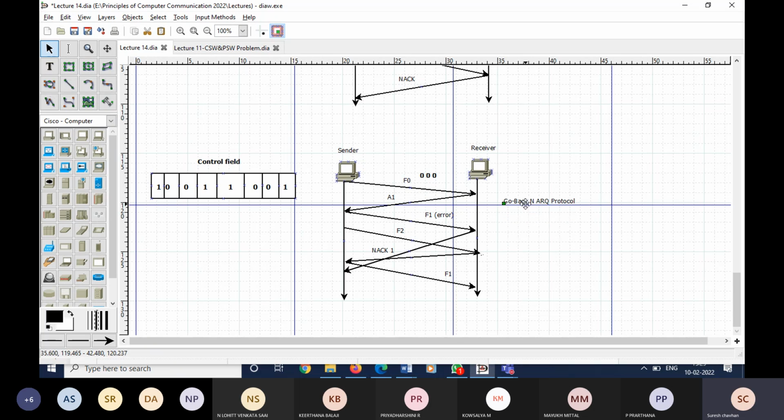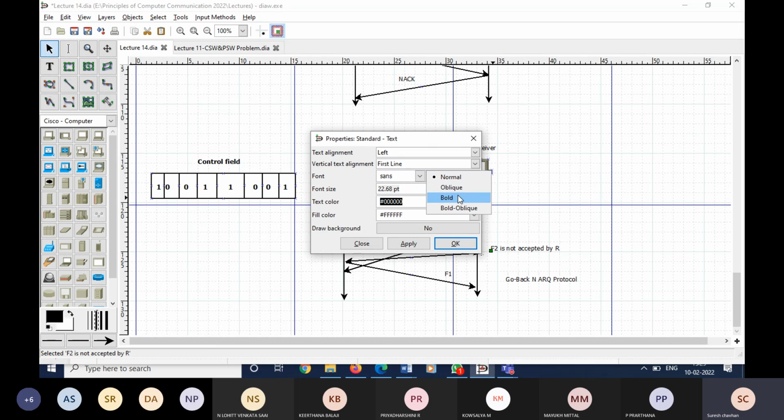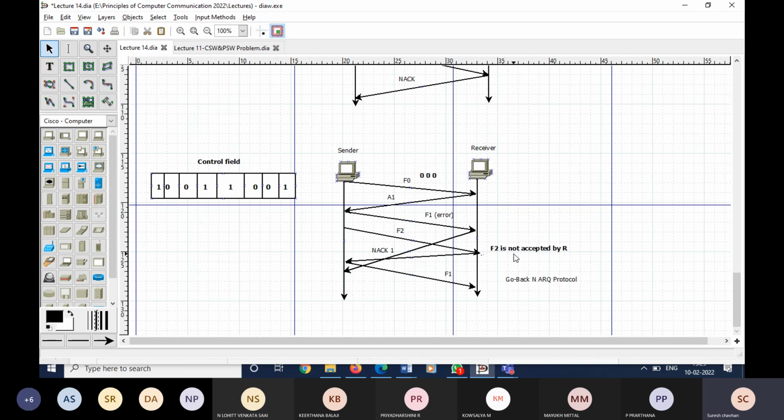Because though the receiver is receiving F2, it is not accepting that one. F2 is not accepted by the receiver because it was waiting for F1.